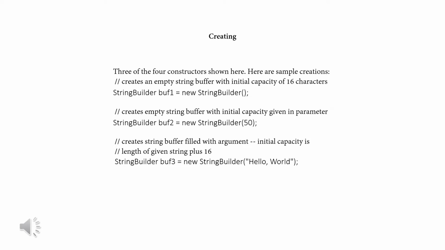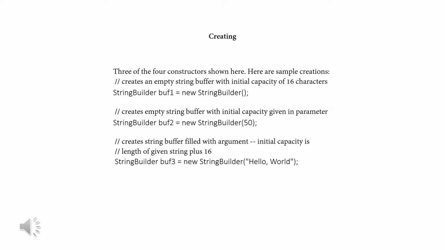You can create a string in a different way, like we have in the second one, StringBuilder buff2 equals new StringBuilder(15). So this 15 is a number, right? Actually the initial capacity that you are defining. So if you don't insert any number inside the parentheses, then the initial capacity would be 16, else the initial capacity would be the number that you are specifying.